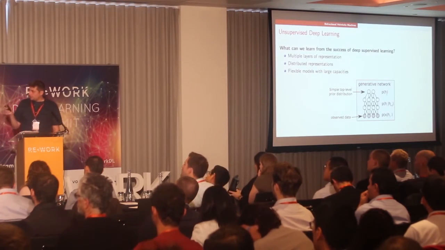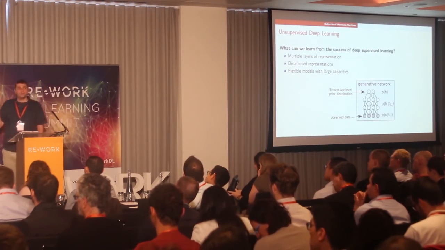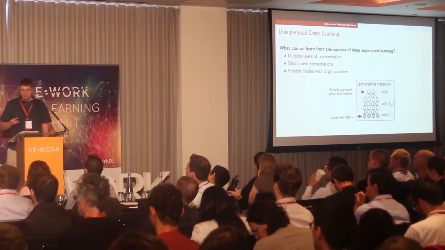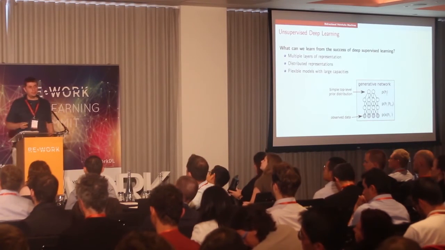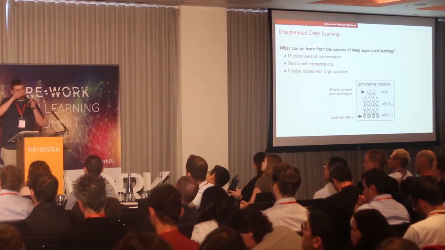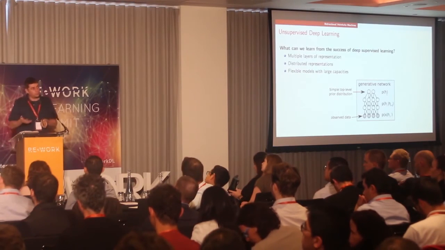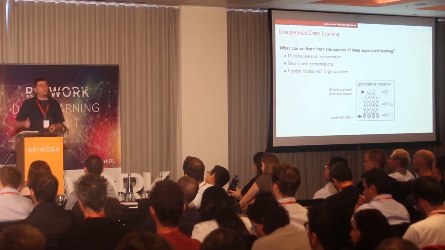But thinking about this problem in this way makes it obvious where the problem lies. While it's easy to go from the noise to your data, it's a hard problem to do inference. To train these models, we want to adapt all these knobs and all these parameters to generate the data that we want to see. But to train this model, we need to go the other direction.